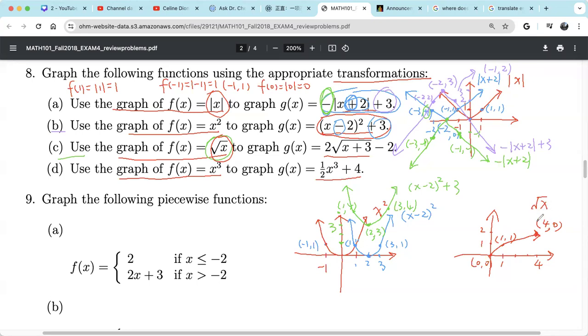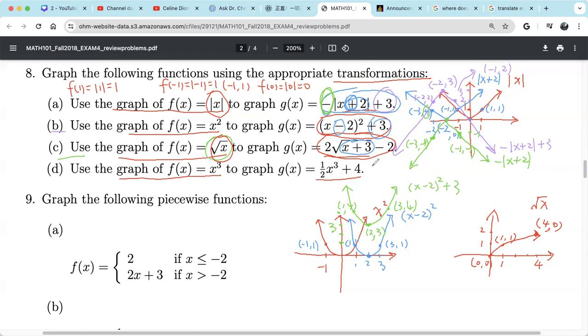Now we want to use this to graph the transformation function 2 radical x plus 3 minus 2. Let's use the blue color. We always want to do the horizontal shifting first. x plus 3, because it's under the square root sign. x plus 3 is horizontal shifting.